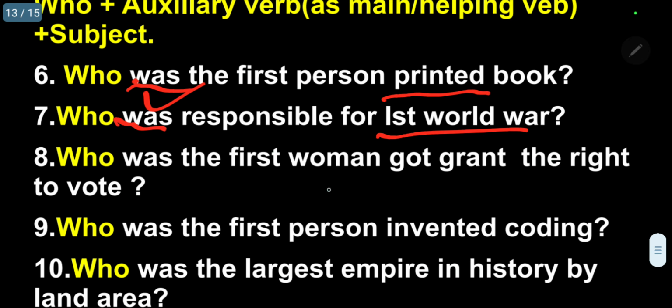Who was the first woman got the right to vote? Here, got is the main verb, past participle. Get, got. Was is the helping verb. Who was the first person invented coding? Invented is the main verb, was helping verb. Who was the largest empire in history by land area? Here there is no other main verb, only was is acting as the main verb.